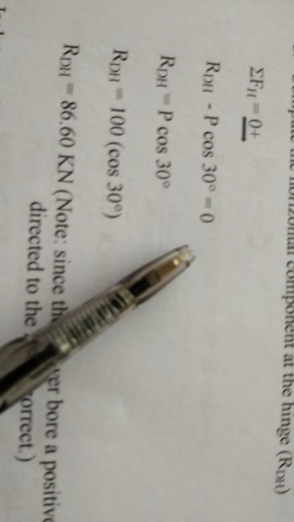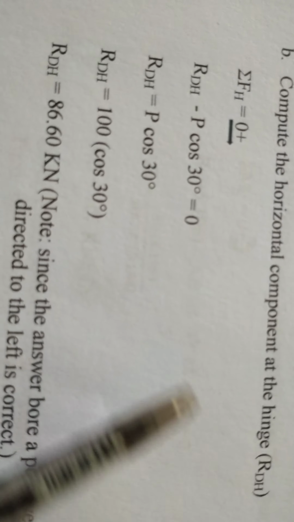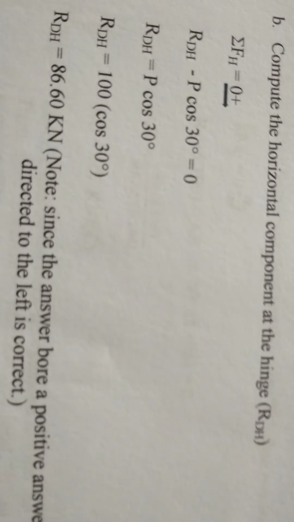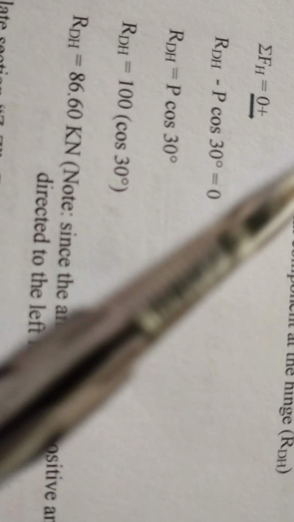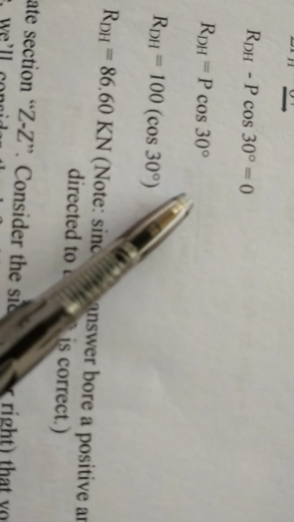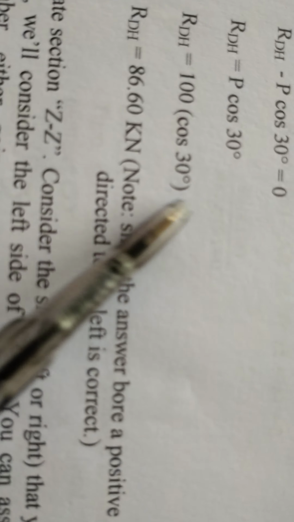Okay, so summation forces horizontal is RDH minus P cosine 30 degrees equal to 0. So RDH is equal to P cosine 30 degrees.